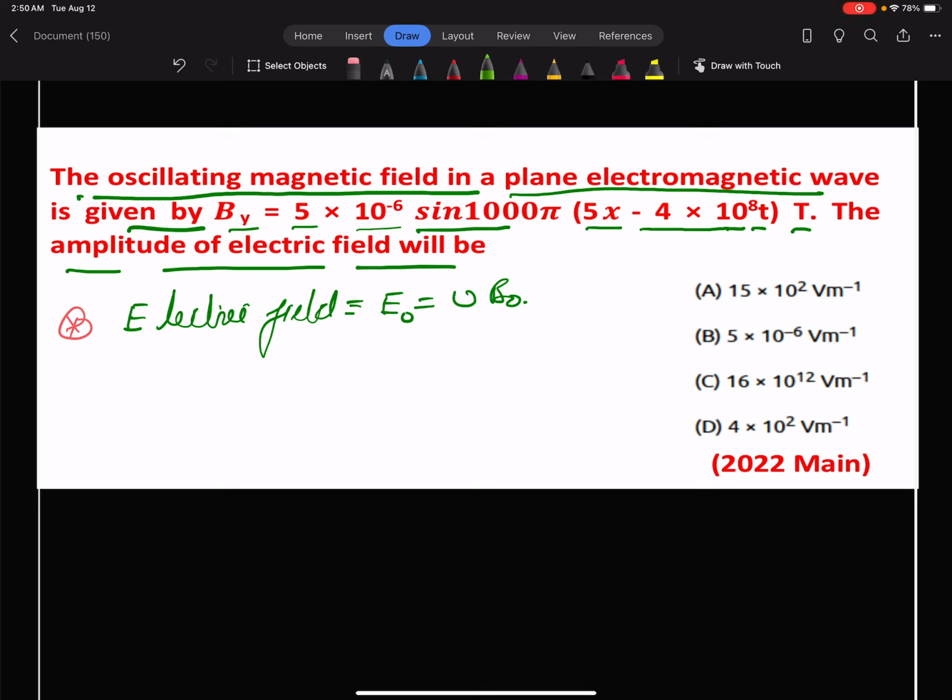If the medium is vacuum, that value of V is equal to C, or we can find the value of V for a particular medium.